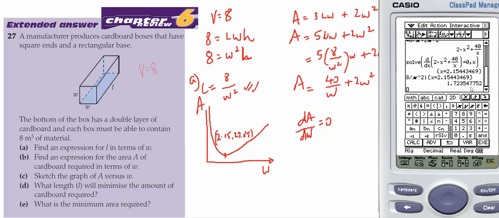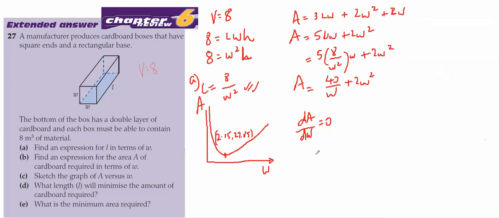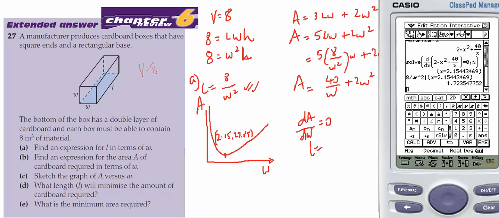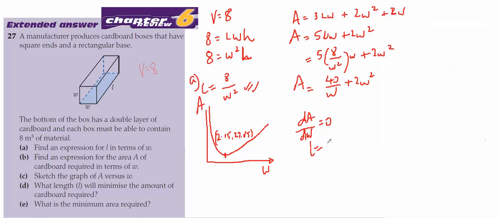Option given x equals that. That's the length, 1.72. So the surface area will be minimised when length equals 1.72 meters.